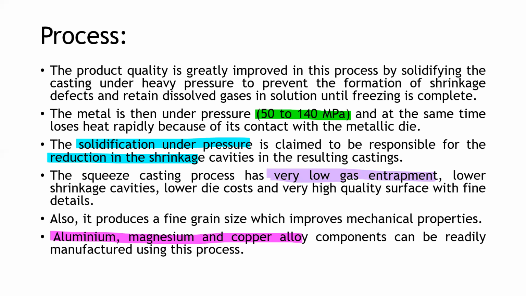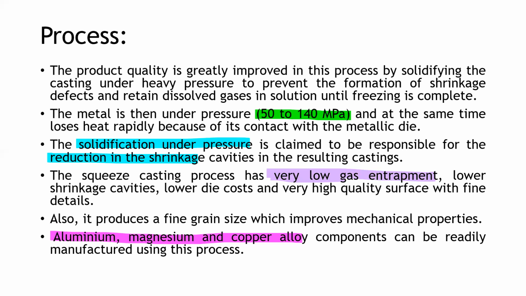The resultant product from the squeeze casting process has good mechanical properties, and it also has many advantages, like lower shrinkage cavities, lower die cost, and a very high quality surface with fine details.